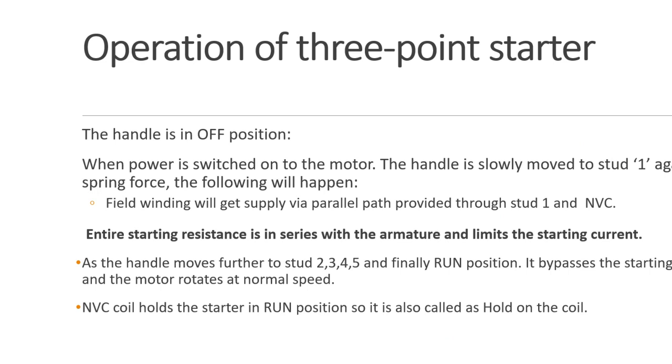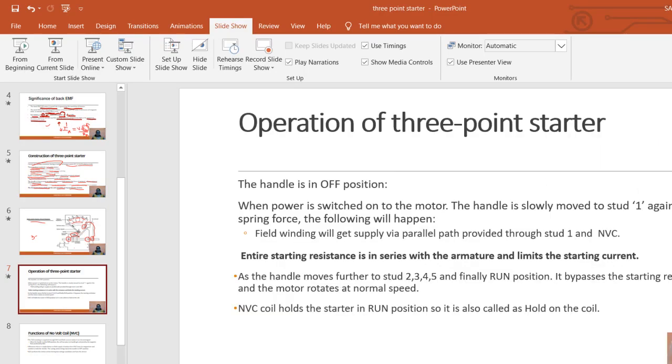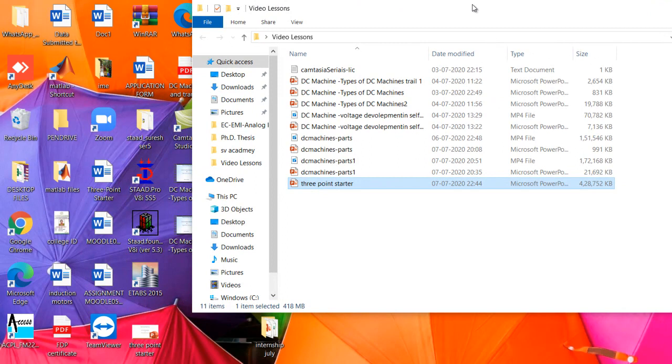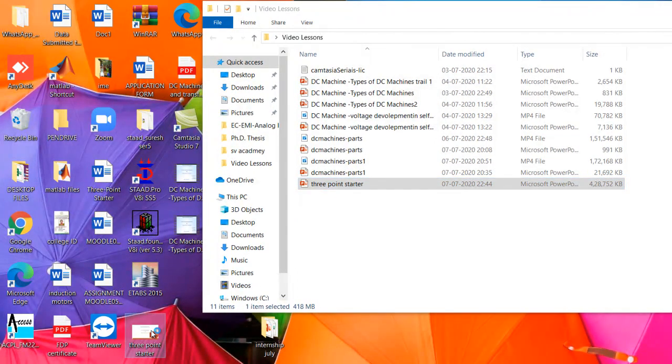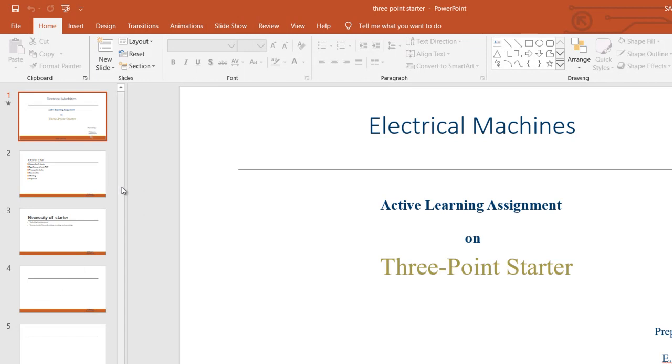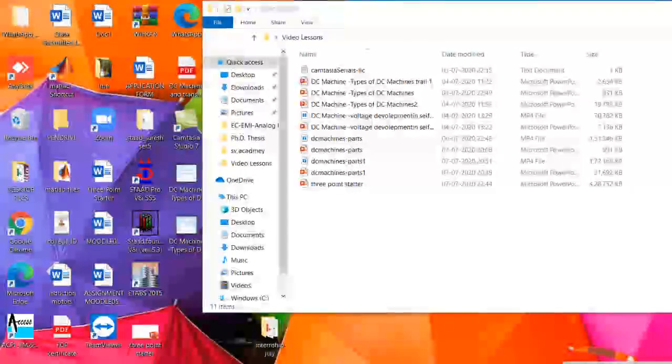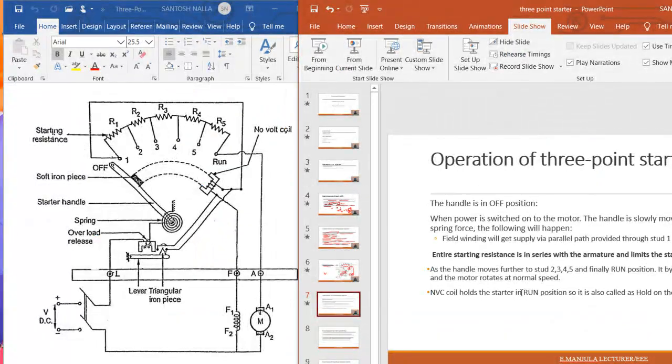So we will see the diagram once again. Okay, here, see these are the studs.